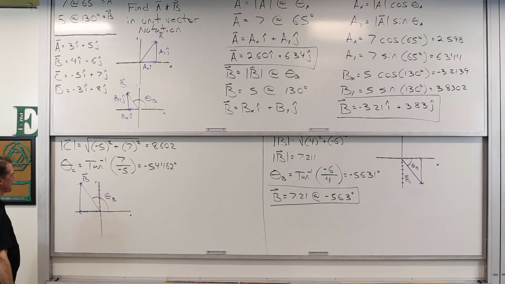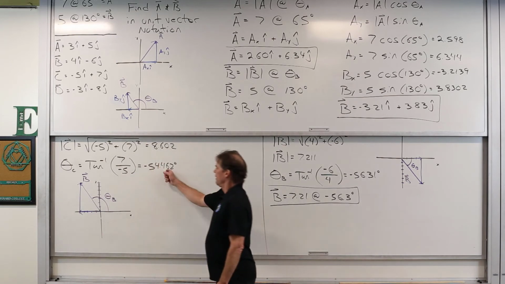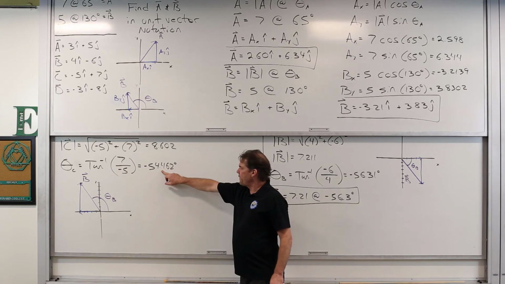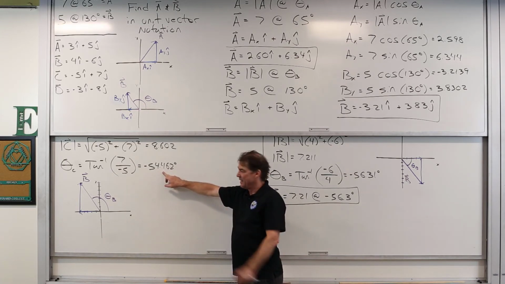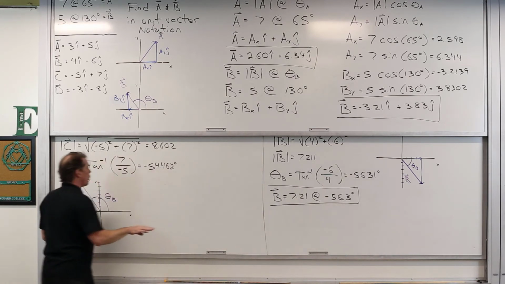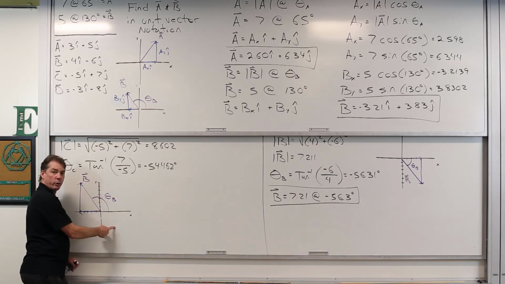But notice something about this. We got ourselves, by mathematically analyzing it, the angle to be negative 54.462 degrees. Well, if we go 54.462 degrees clockwise relative to the x direction, that's down here. That's in the fourth quadrant.